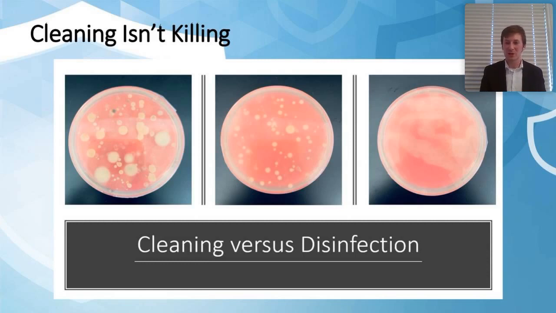You can see we do have quite a reduction in the microbial load just from removing a lot of that dirt and debris from the surface. But as you can see, there's still an unacceptably high level of contamination on the surface, and it's clear that we have not achieved disinfection. And then the plate on the far right is where we've actually followed that with the disinfection step. You can see a significant further reduction in microbial contamination compared to just cleaning alone.